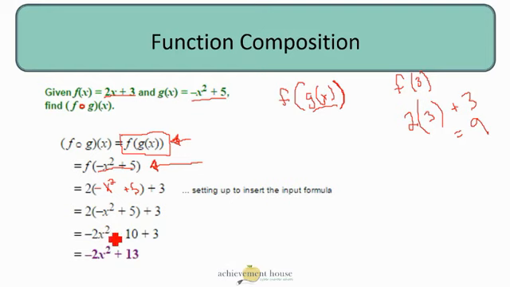I distribute the 2. I get negative 2x squared plus 10 plus 3. 10 plus 3 is 13. So my final answer, given that f of x equals 2x plus 3 and g of x equals negative x squared plus 5, then f of g of x is equal to negative 2x squared plus 13.